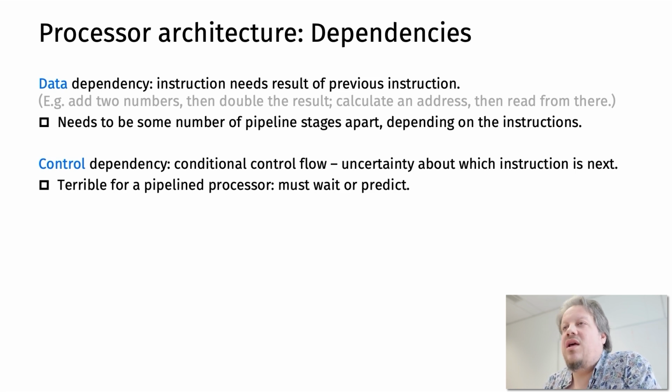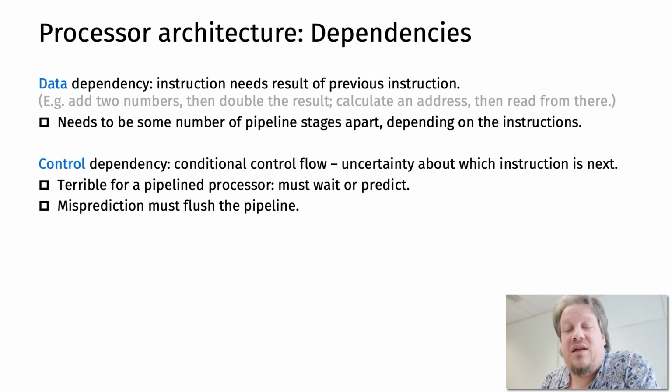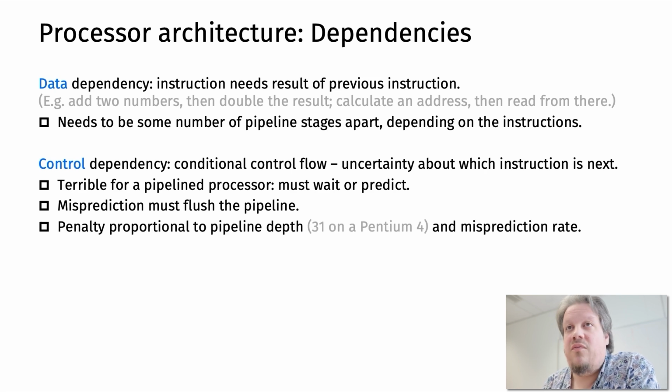Or what you get in modern processors is a branch predictor and speculative execution, where you say, well, let's do it, and if it turns out that we were wrong, we throw it away. What this basically means is a misprediction must flush the pipeline. And depending on how deep your pipeline is, and pipelines are deep nowadays, 31 stages in a Pentium 4 is what they say in the paper, you get this humongous penalty for a misprediction.